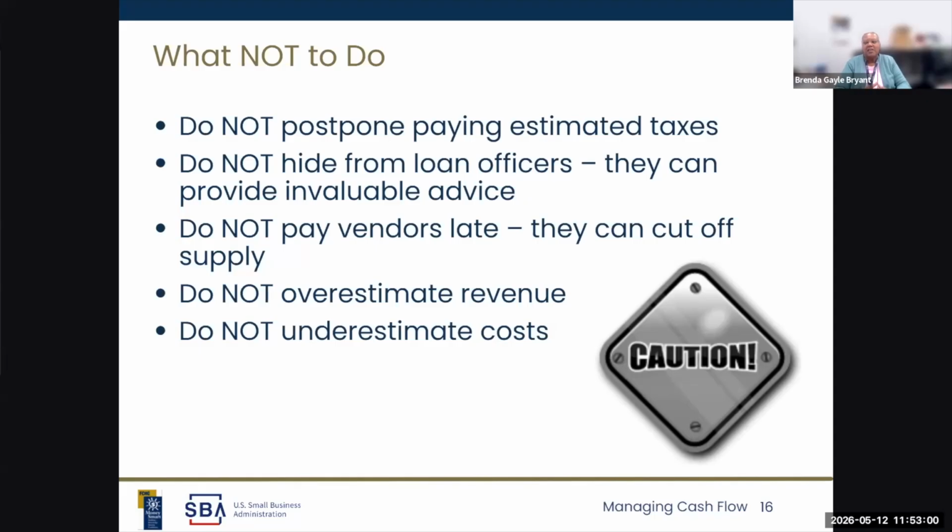Then don't say that your revenue is going to be 10,000 and then try to estimate your costs based on 10,000, because your track record says 8 is where you are. 8 is where you should hold on to until you actually get to a higher amount. So be very careful in estimating your revenue and expenses, because you don't want to have said you're going to do something and find out you don't have the funds to be able to do it.